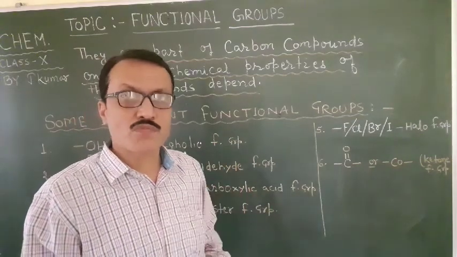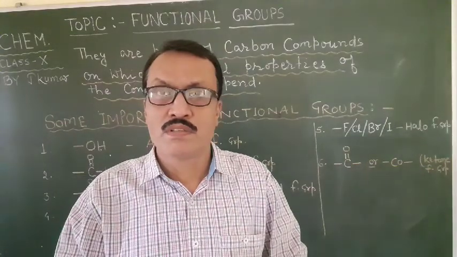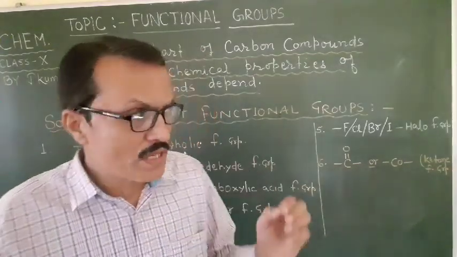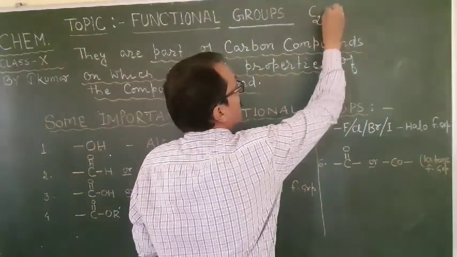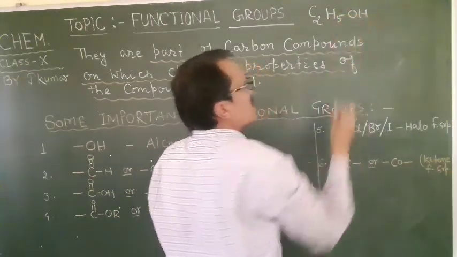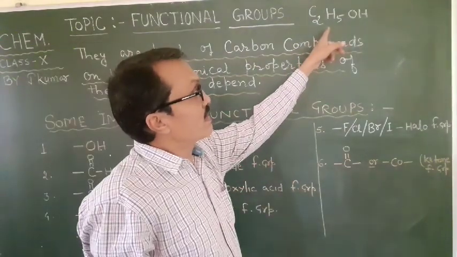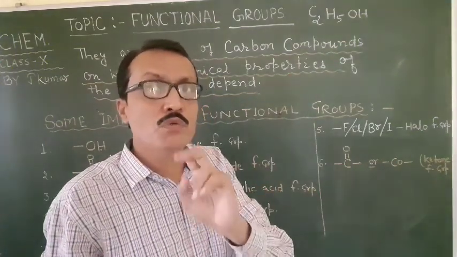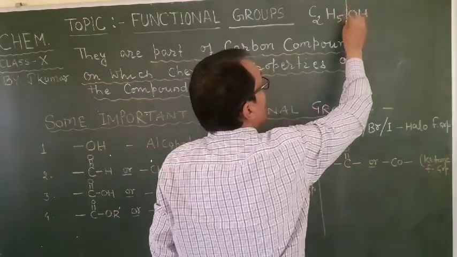Functional groups. Students, in carbon compounds there are two parts. For example, suppose one example I am writing here, C2H5OH. Students, if you carefully observe the given example, you will find here two parts, and those two parts I am going to separate before you.